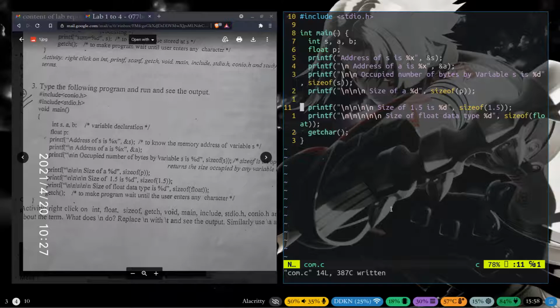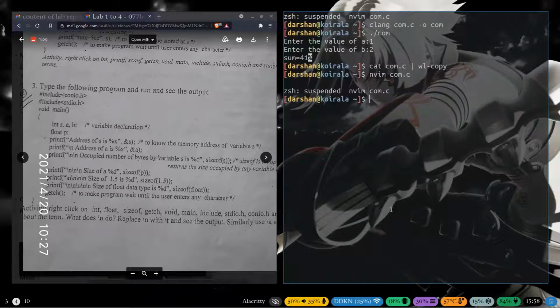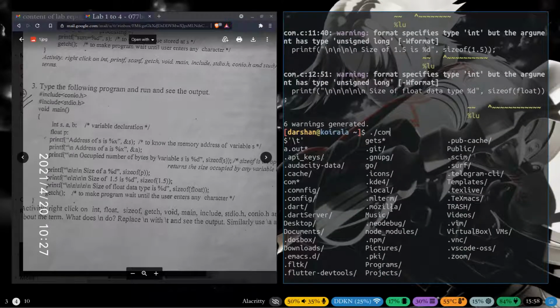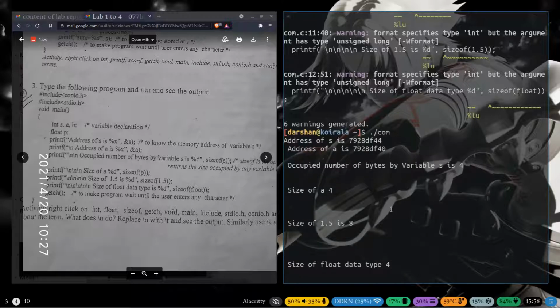Float data type and everything. I think it is going to work. Okay. Six warnings are there, man. 6 warnings. Okay. As is this one, occupied variables, whatever.